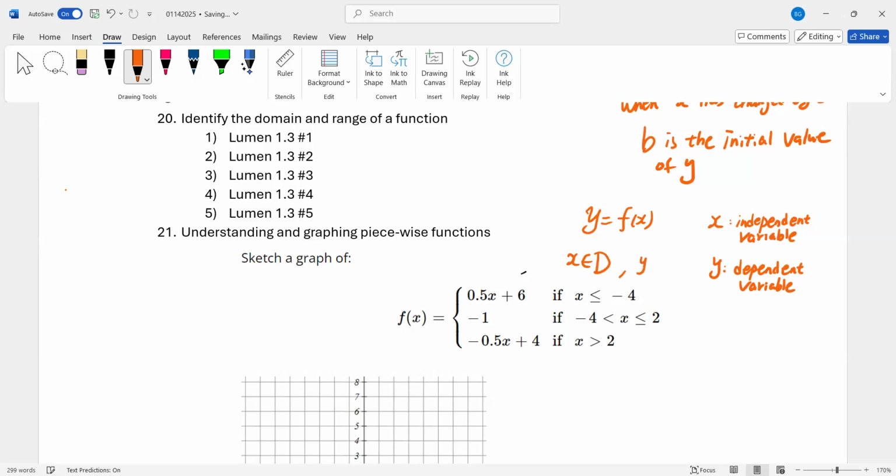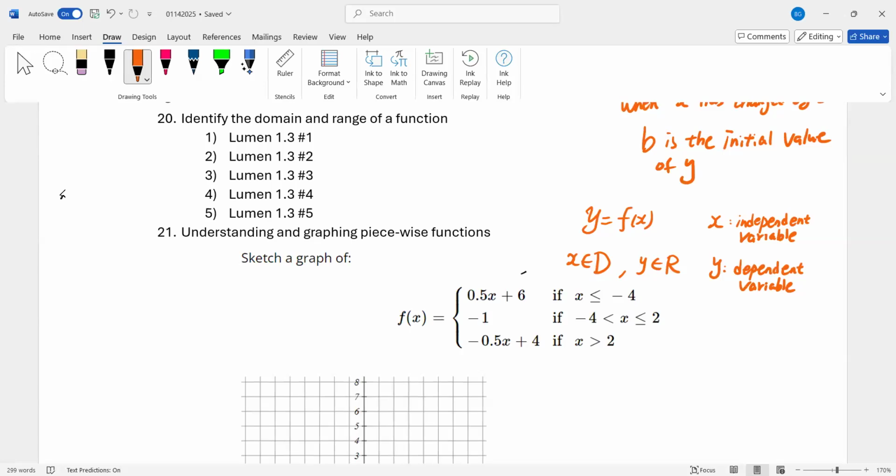All the possible values for y make the range. So all the possible values for the independent variable make the domain. All the possible values for y make the range. We need to remember: values for x make the domain, values for y make the range.